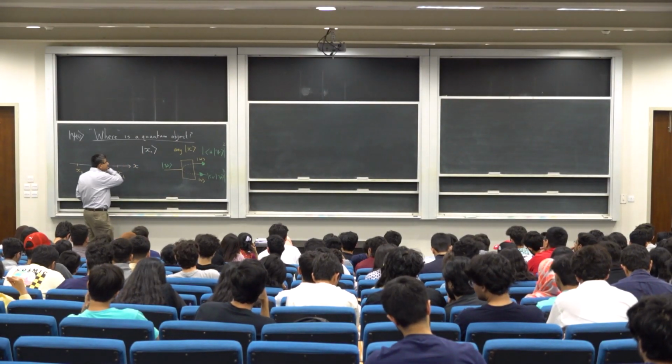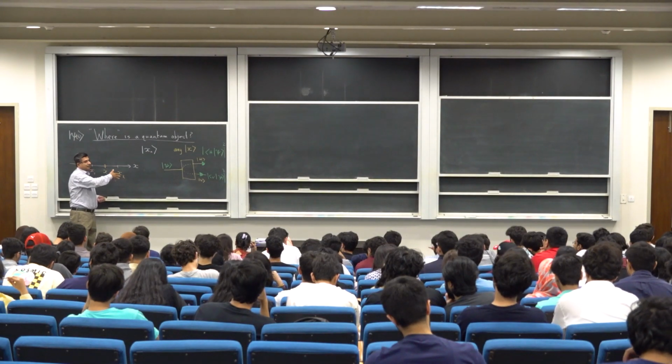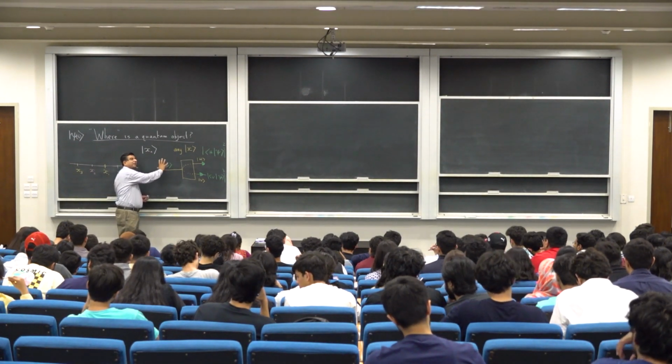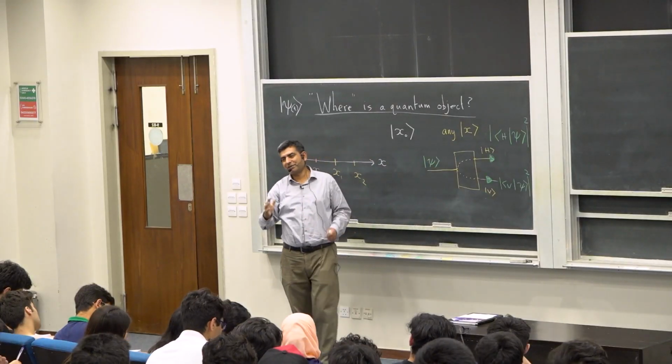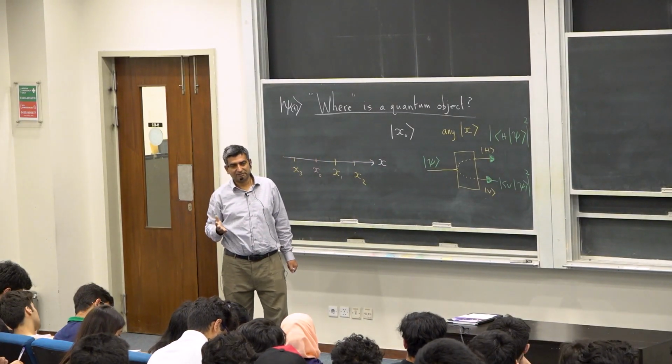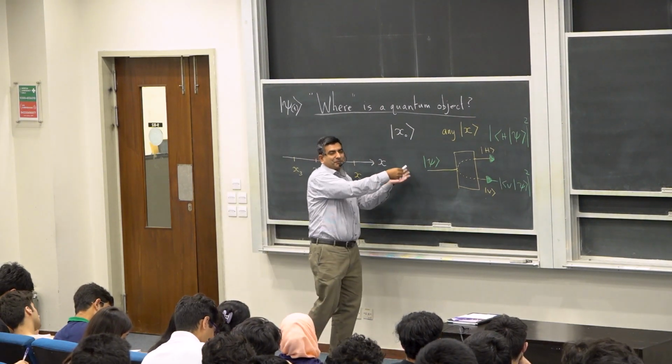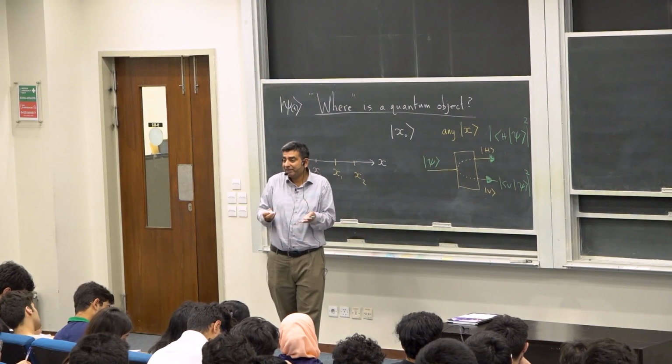But now here we are measuring in a position basis, and there is some quantum state psi before the measurement. And I really do not know what psi looks like. I cannot draw psi. Psi is a quantum state.